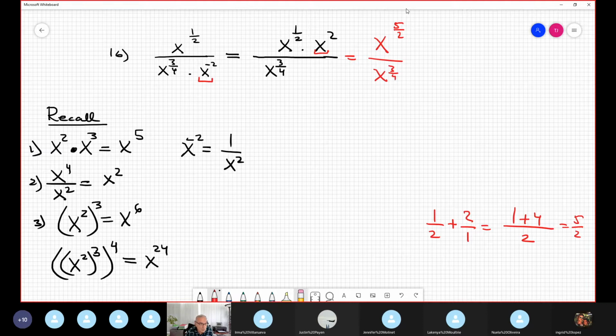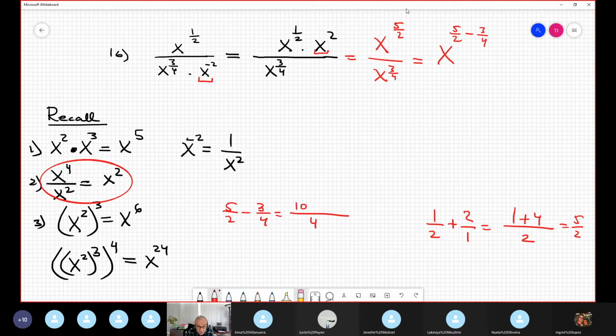Now division, I know that is subtraction. At this point, actually, I need to do x to the 5 over 2 positive minus 3 over 4 negative. In one corner of the piece of paper, I put 5 over 2 minus 3 over 4. Least common denominator is obviously 4. 10 here, no? Because 4 divided by 2 is 2 times 5 is 10.